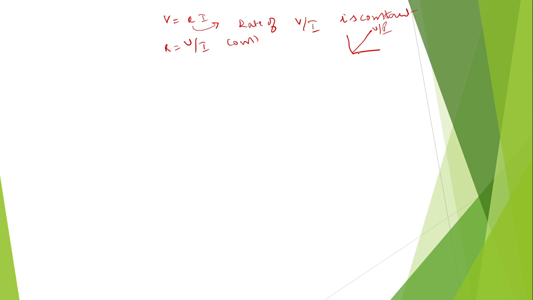If you replace the proportional symbol, you will get V equals R I. So the ratio V by I is constant. If you plot the values, you can see this graph; V by I is constant.